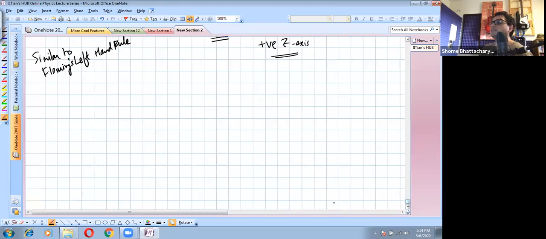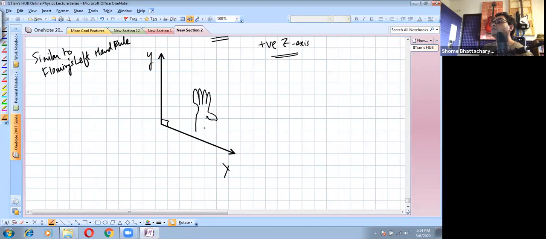So, again, coming back to that three-dimensional diagram, if this was your x-axis and this was your y-axis, like this. Now, what you'd have to do is, you'd have to place your thumb pointing in this direction and your four fingers pointing like this. Now, when you do that, you'll automatically see that your palm is actually facing in this direction.